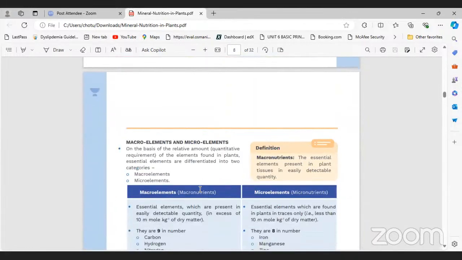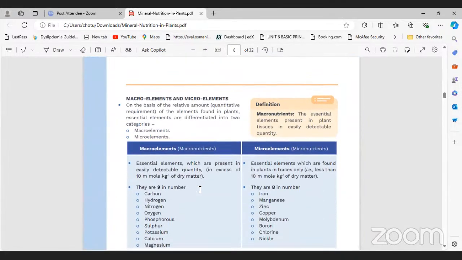Macro elements and micro elements. On the basis of the relative quantitative requirement of the elements found in plants, essential elements are differentiated. Non-essential ones are not included; only essential elements are differentiated into categories.